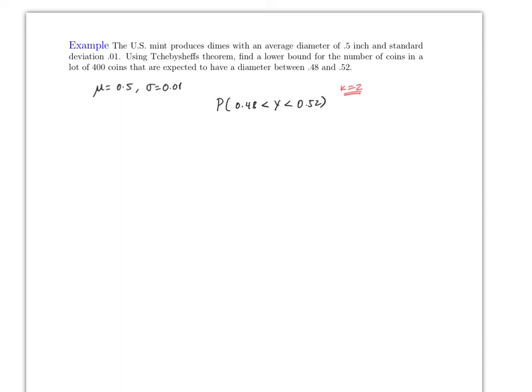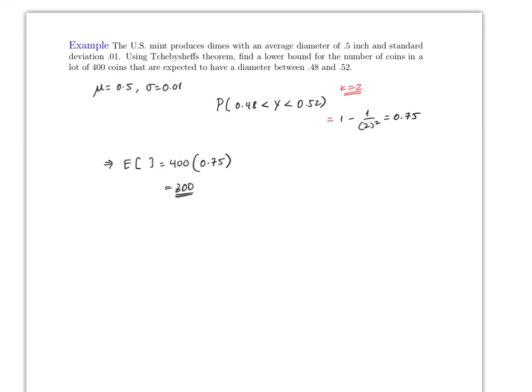So clearly the value is k equals 2. So using Chebyshev's theorem, this should be 1 minus 1 over 2 squared. So it will be 0.75. So therefore the expected value is going to be 400, because you have 400 coins, times the expected value of each of them, which is 0.75, or 300. So that's how many you should expect to have.